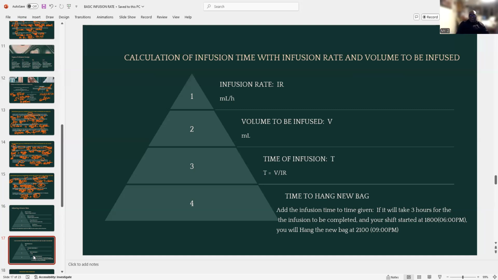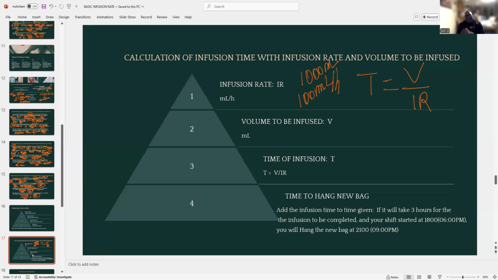It's so simple. Just remember, time is going to be your volume divided by the infusion rate. So if I have to run 1,000 milliliter at 100 milliliter per hour, I need to know how long it will take me to finish that. Just remember, for every hour, we are infusing 100.